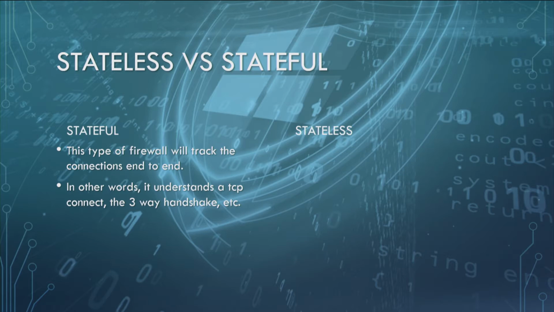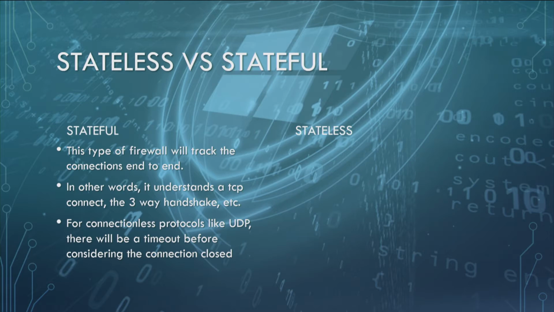As soon as the firewall detects a RST packet or a FIN packet or something like that, it's going to start blocking any further inbound or outbound connections from that service. And for a connectionless protocol like UDP, there's just going to be a little timeout, and then they're going to consider that thing terminated.